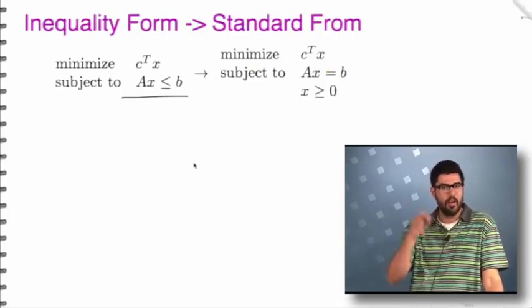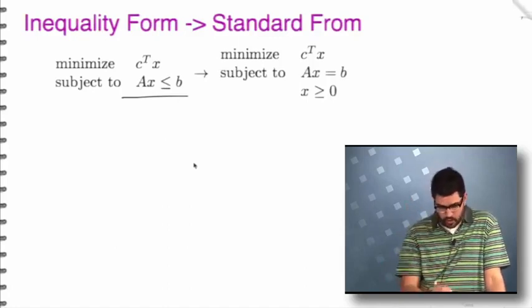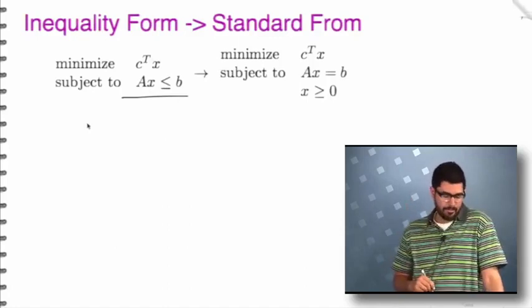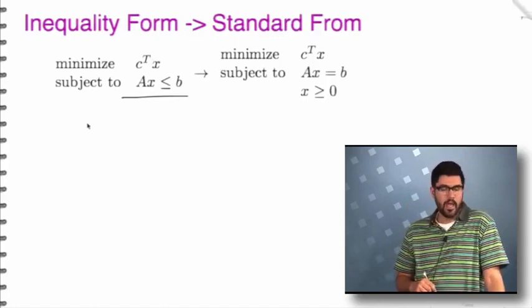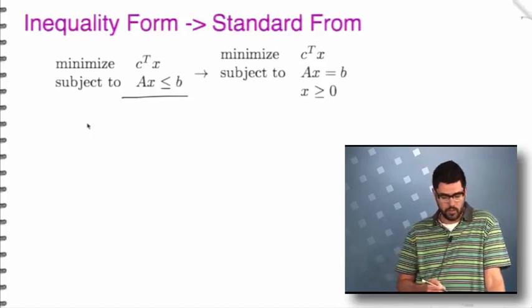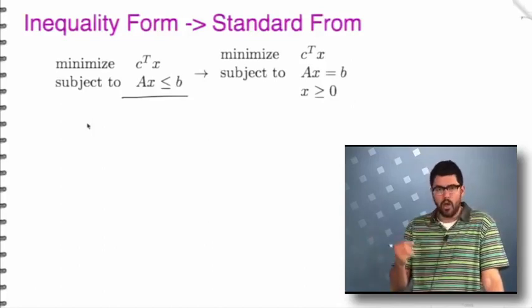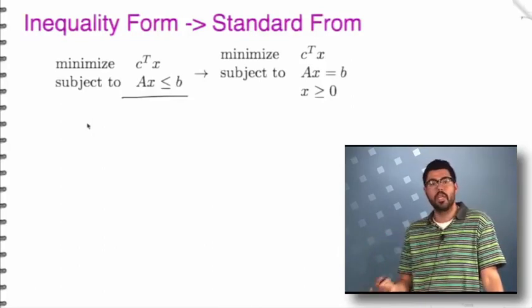I need my variables to be non-negative. And the other issue is that we have inequality constraints, and we need those to be equality constraints. All right, so let's choose one. Let's start with the inequality constraints. Let's turn them to equality.